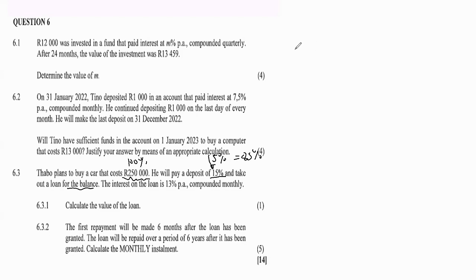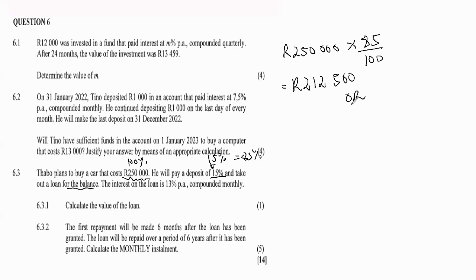So to calculate that, you only need to say 250,000 multiplied by 85 over 100. So this is the money that he borrows from the bank, right? So we have a value of 212,500.